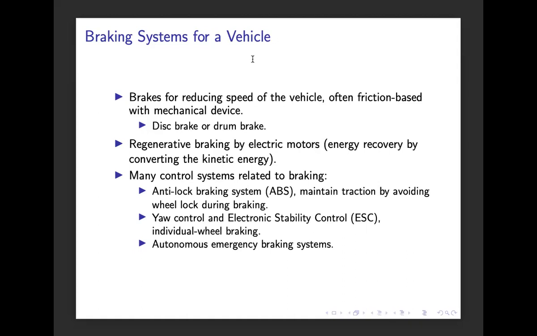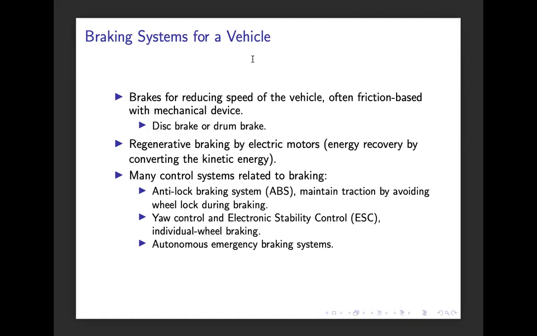Maybe you have experienced in your car, when you're driving, a pulsing motion from the braking pedal, that is typically when the ABS system is intervening. Because you don't want to apply such high braking pressure that the wheel gets locked, because then you lose controllability.